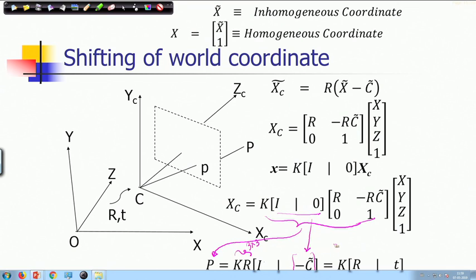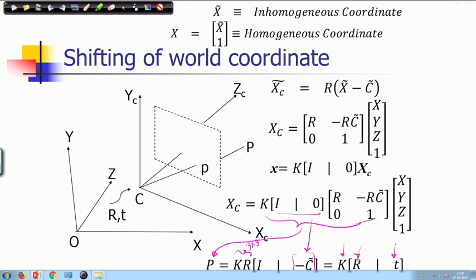The other form of representation, once again you see that if I only take K out of this box and put R inside this 3 cross 4 matrix, then it has two components. One is the rotation matrix and the other one is the translation. So, this gives you the corresponding coordinate transformation parameters from the world coordinate to the camera centric coordinate system.